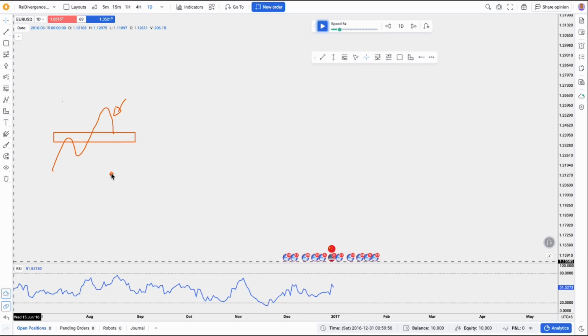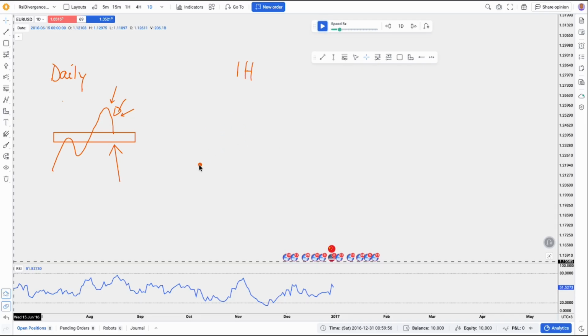So instead of trying to find a hidden bullish divergence here, I would mark the zone. And then since we are anticipating the bearish dominance to gradually fade, we move to a lower time frame. For instance, if I am using the daily here, I would move to the hourly.